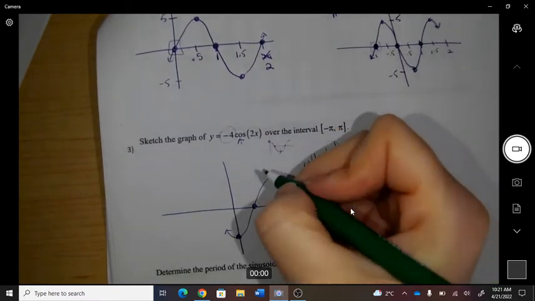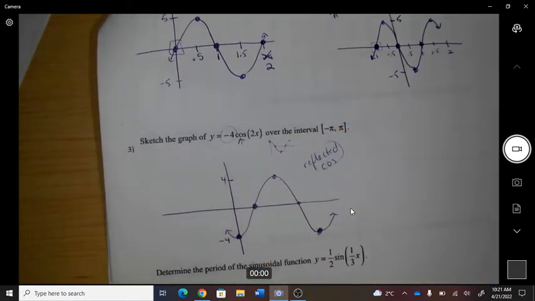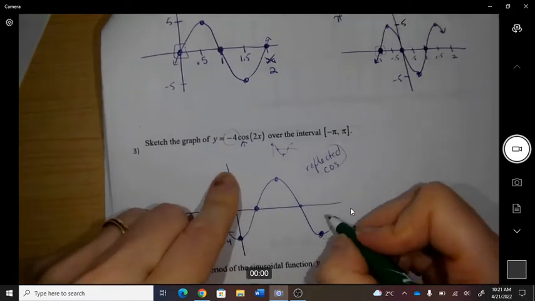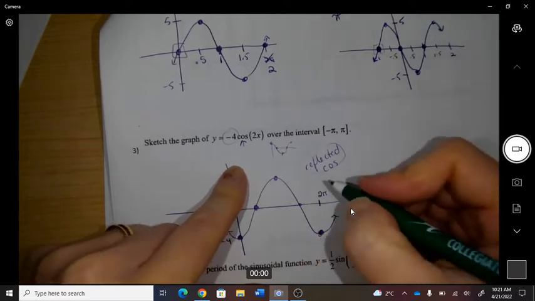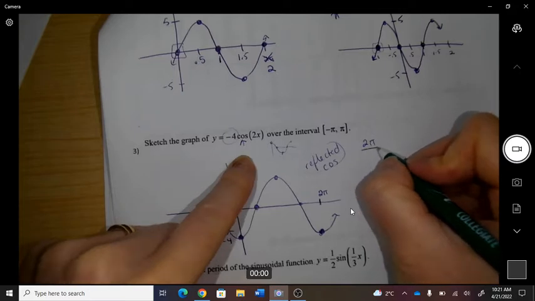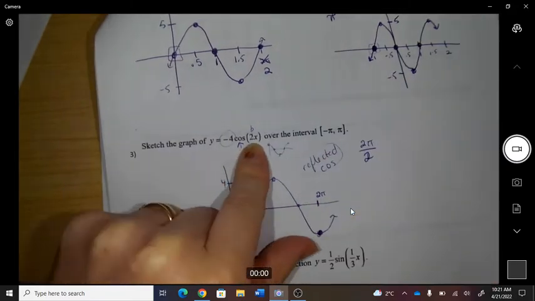Okay, now I'm going to put a 4 up here, a -4 down there to apply the 4 part. And then normally this has an x value of 2 pi, the end of the cycle. 2 pi divided by b. So that's a b.